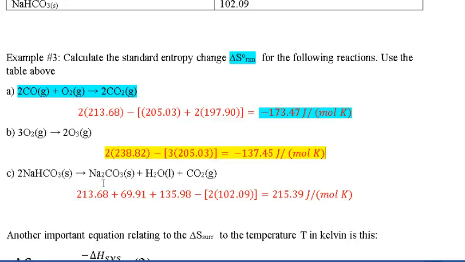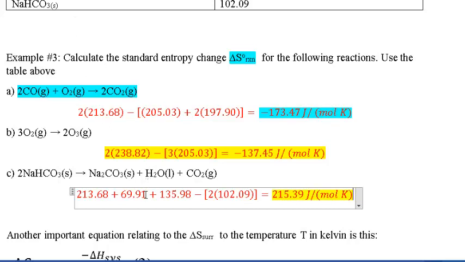So hopefully you can see here that we're reducing the number of moles of the solid, we're making a liquid, we're making a gas, and we're having more disorder. So it's reflected by this positive value, 215.39, and the entropy is going to increase.